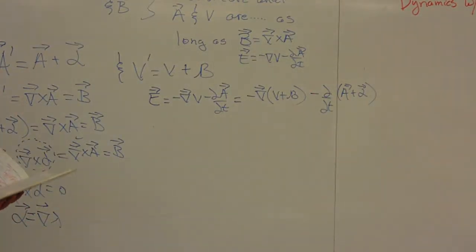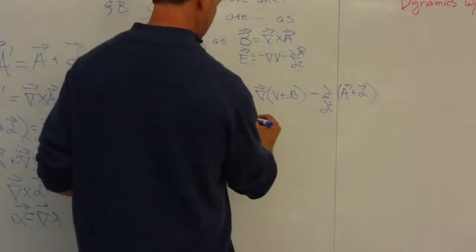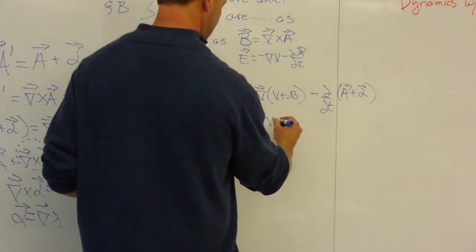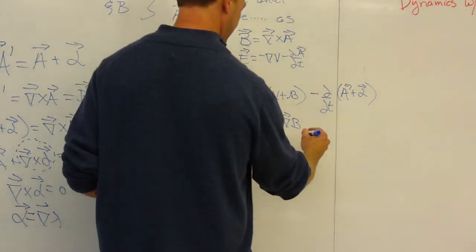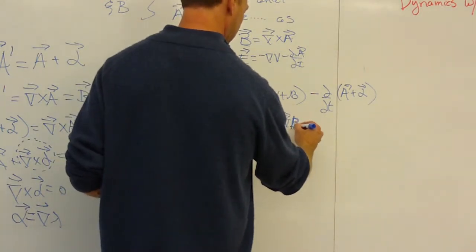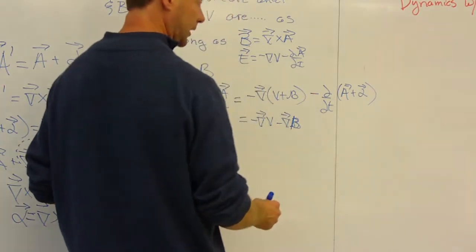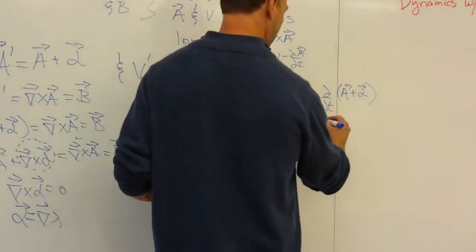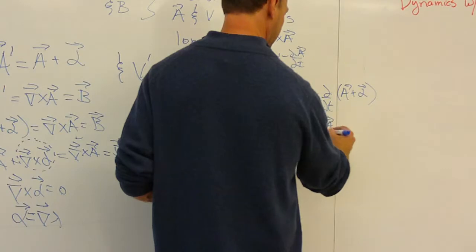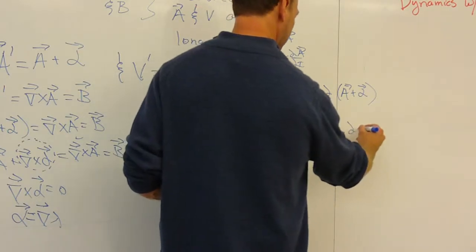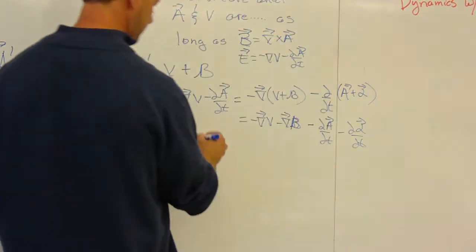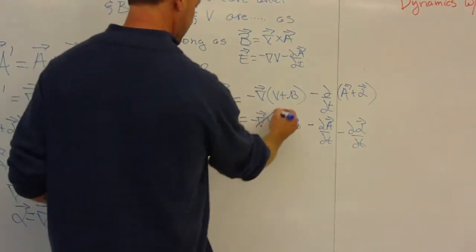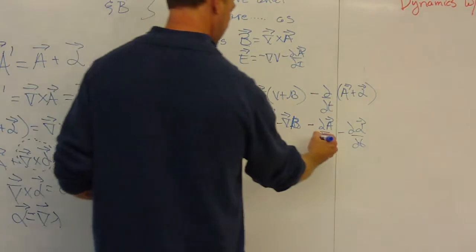Let's do it all out. So we end up with minus the gradient of V, minus the gradient of beta, thank you. Actually, beta, not V. Yes, I agree, thank you. Minus the partial of A with respect to t, minus the partial of alpha with respect to t. Good. So this thing cancels this thing, and that thing cancels that thing.